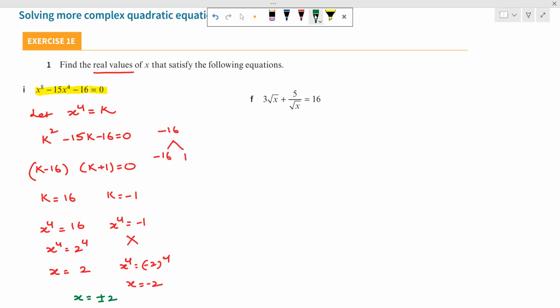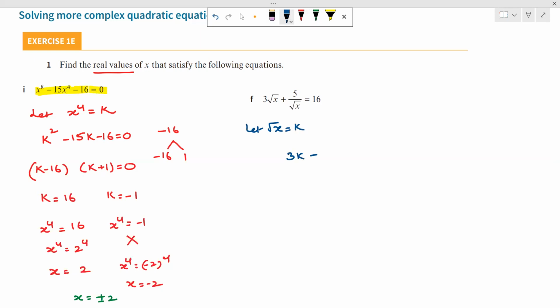Okay, now see here one more problem. Here also root x is there, but it is not in the form of a quadratic equation. So now you have to convert. What I'm doing over here, let us assume that root x is k. Same procedure.